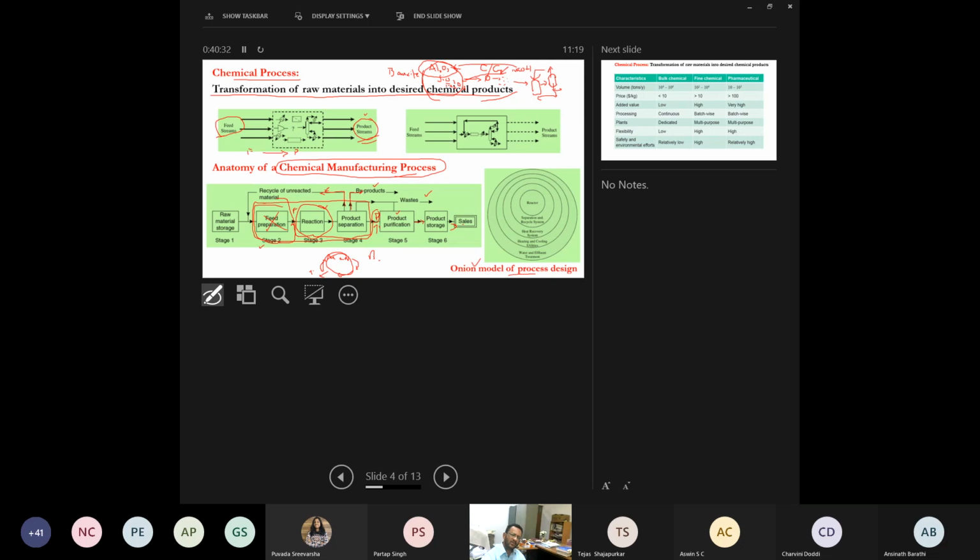When the output reaches the column, a big flashing process takes place, and you have vapor and hot liquid. This vapor may be reused, or this hot liquid may be used to preheat the sodium hydroxide. This sodium hydroxide is being used in the autoclave and also in the wet grinding process.